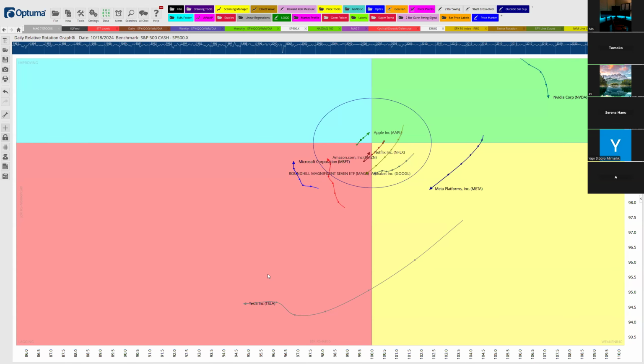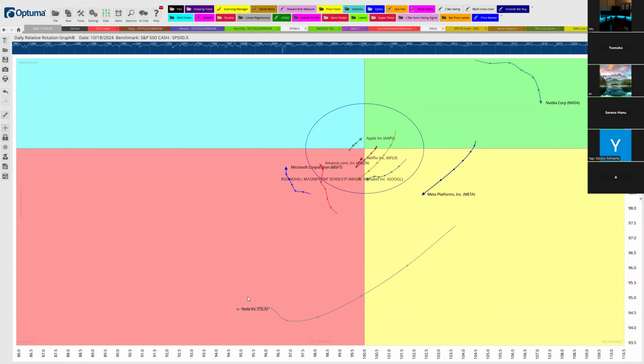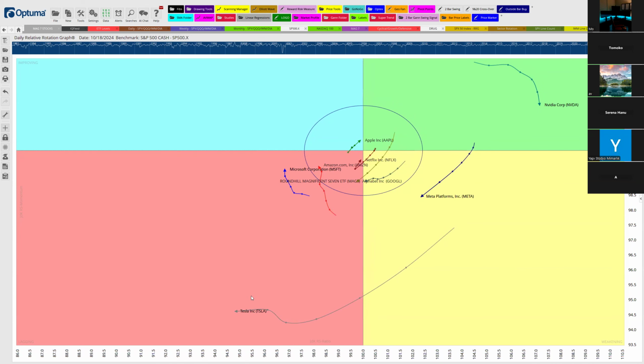This trade is going to have a lot of alpha. The further and further away you are from the benchmark, the bigger the move you get to the upside. Because this rotation from here is not going this way. Just remember that. It's going to improve. I'm watching every day because it's not ready yet.